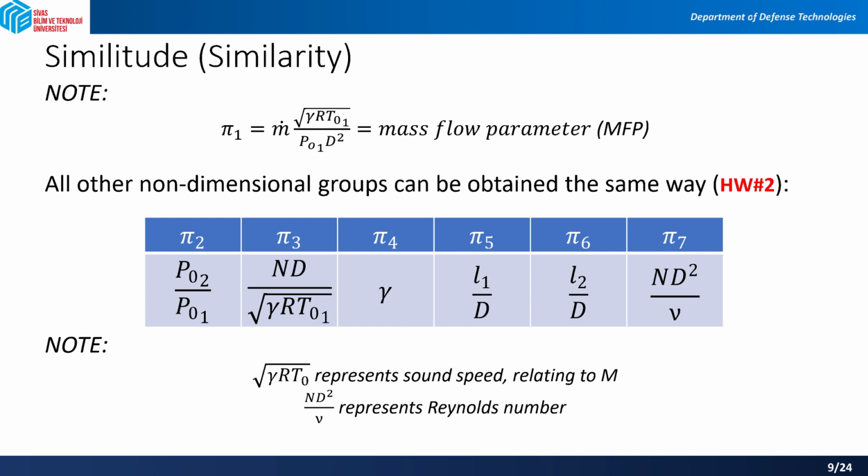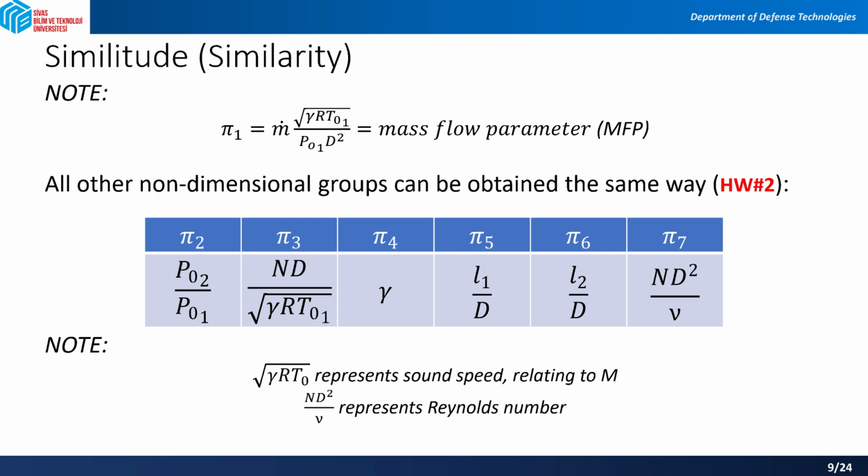As your homework, you have to find all of these pi groups. You also have to note that this square root of gamma RT0, you remember, is the speed of sound, so it is related to your Mach number, right?